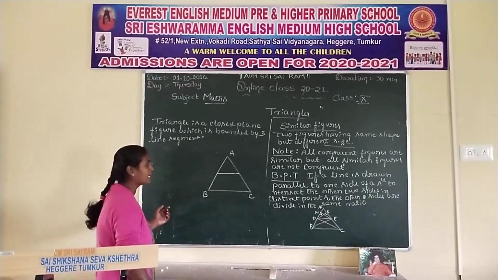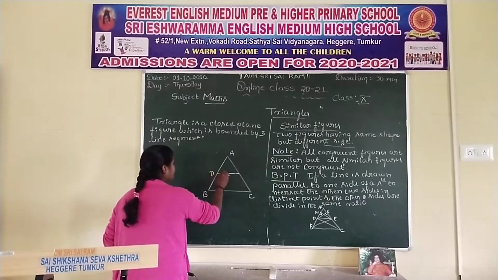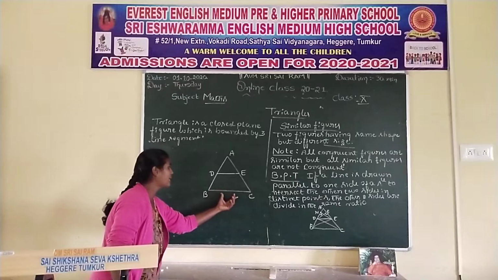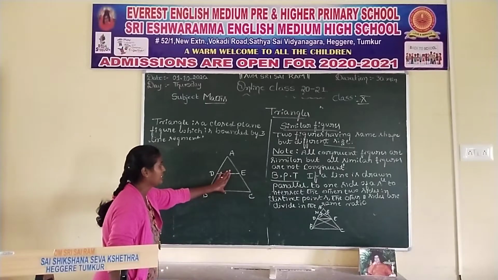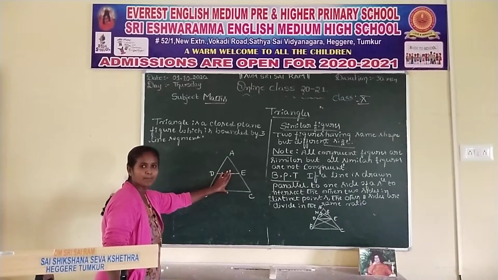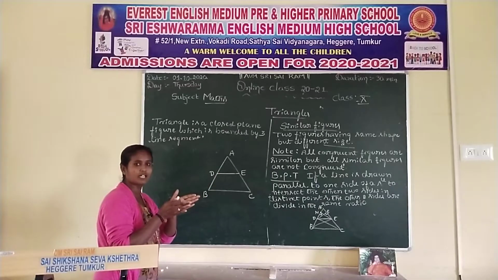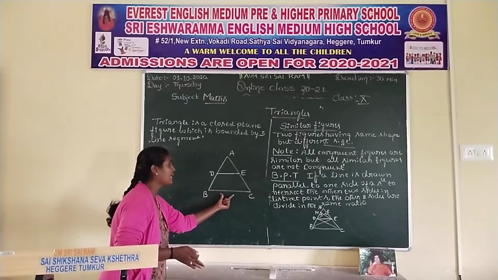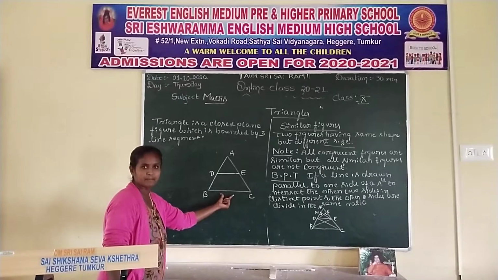Here I draw a parallel line. DE is a parallel line. That line is parallel to BC. Parallel is nothing but opposite; the two lines are opposite to each other. DE is parallel to BC.